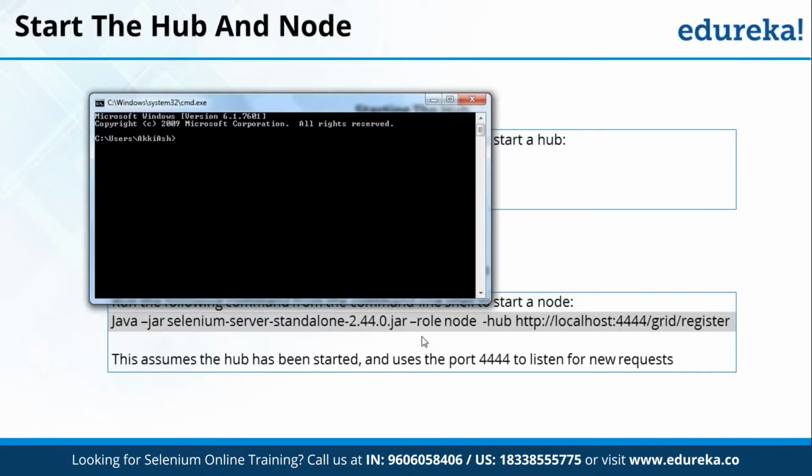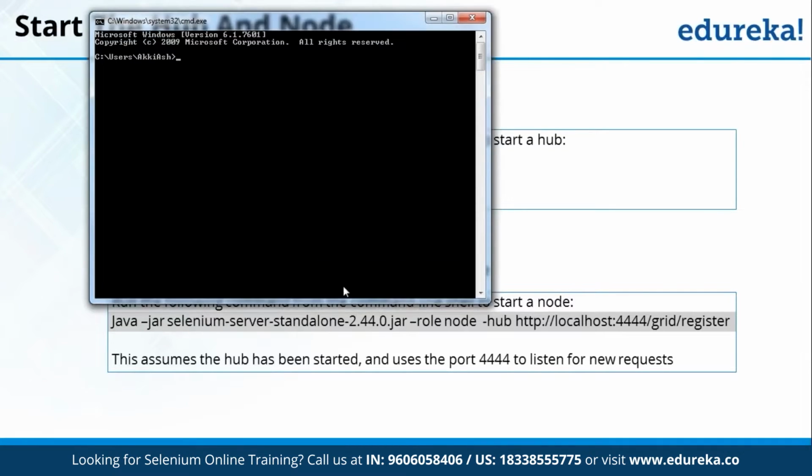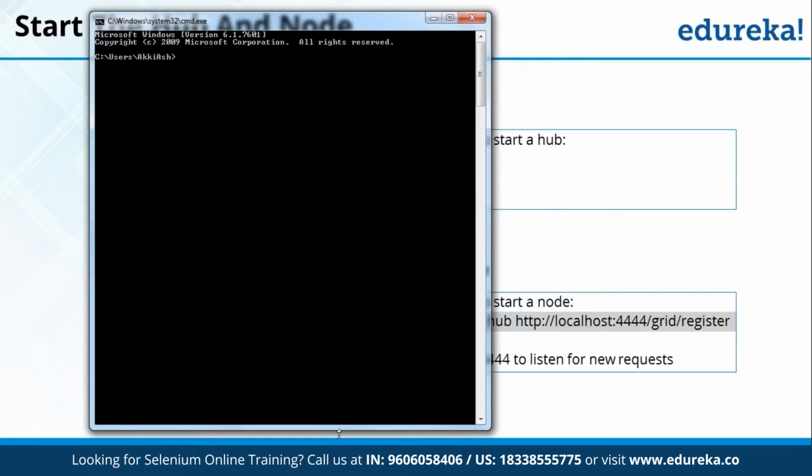Now see guys, you need to understand one thing before I do anything further. You have to understand that grid is all about having different systems. This is not a live class, obviously, you're going through this recording.